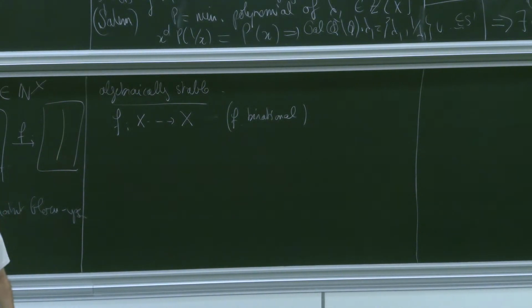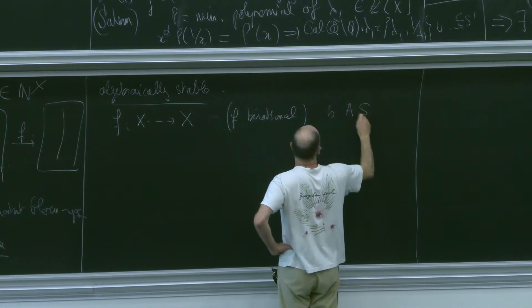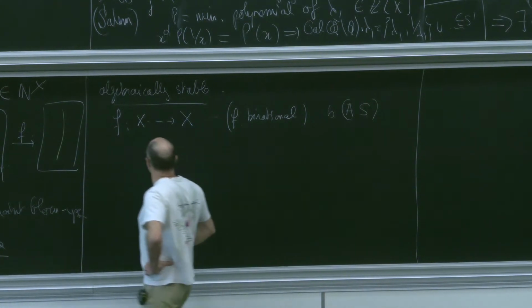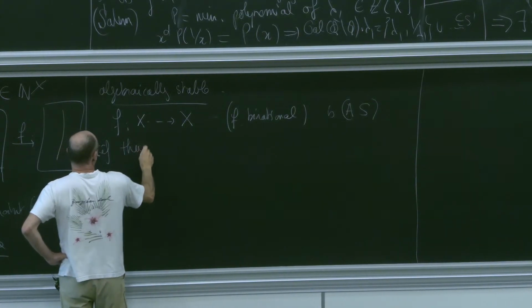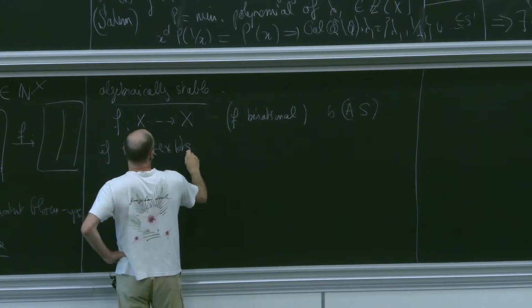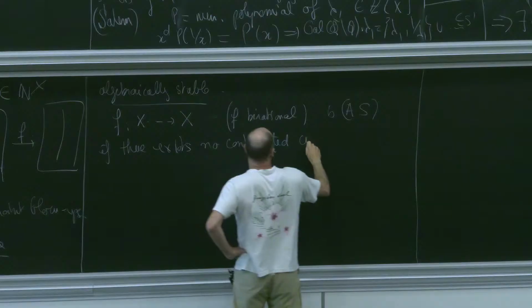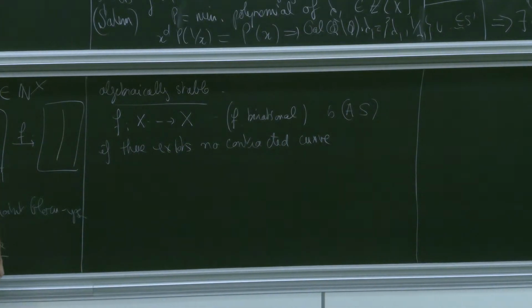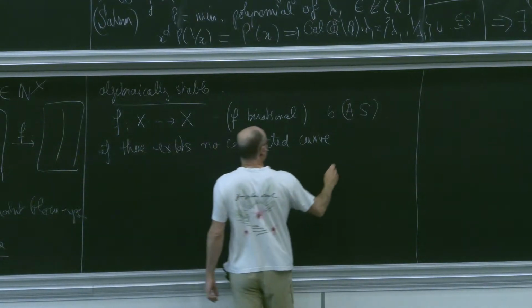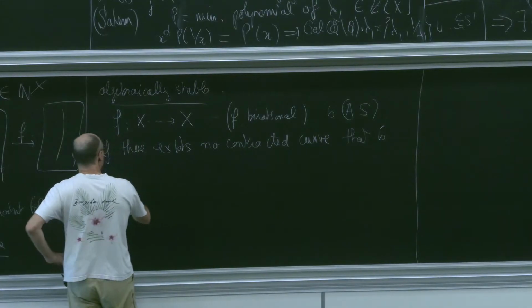Your map is algebraically stable, or AS for short, if there exists no contracted curve, no curve contracted by f, such that it is eventually mapped to an indeterminacy point.